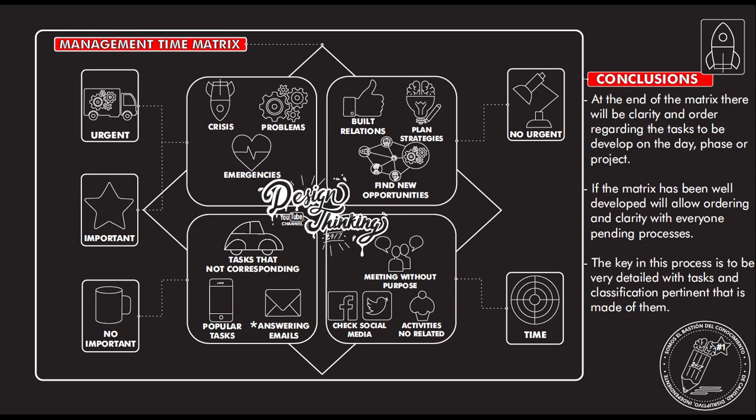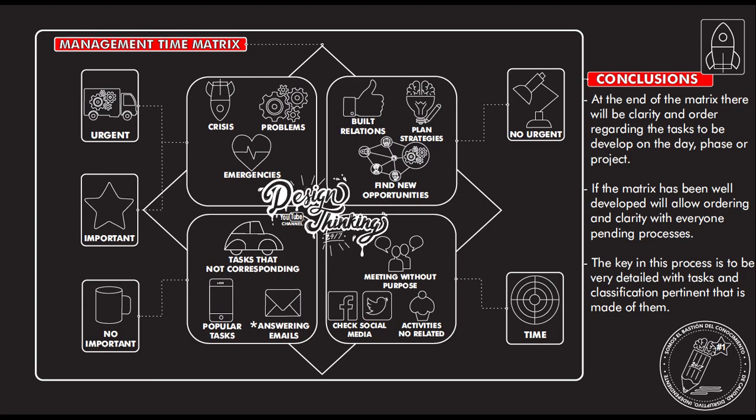As a conclusion, we can say that at the end of developing this matrix, you will have clarity regarding the tasks that you do, which are more important, what needs most time, and what you can do right now, and you will organize everything. If the matrix has been well developed, it will allow you to have order and clarity throughout the process.